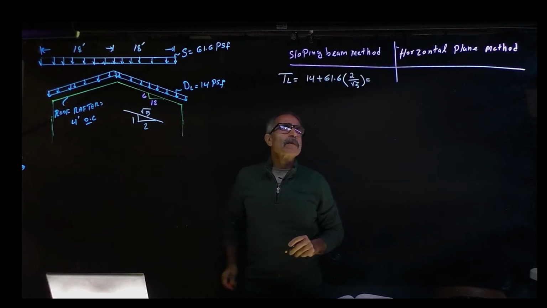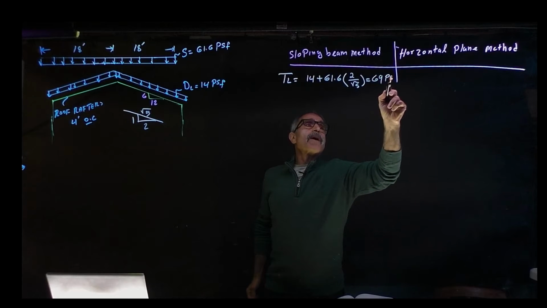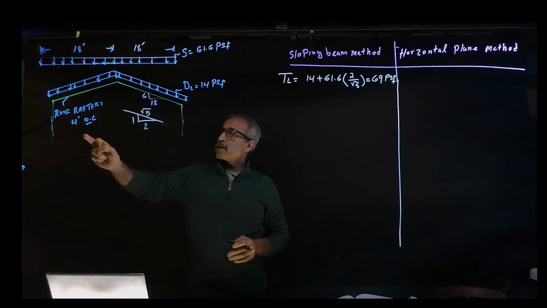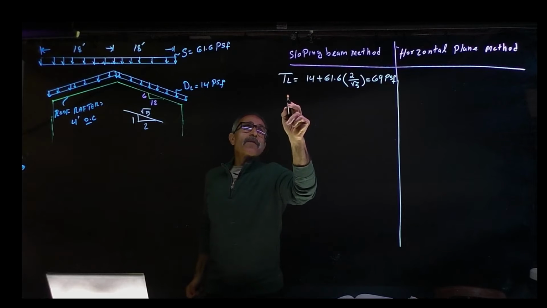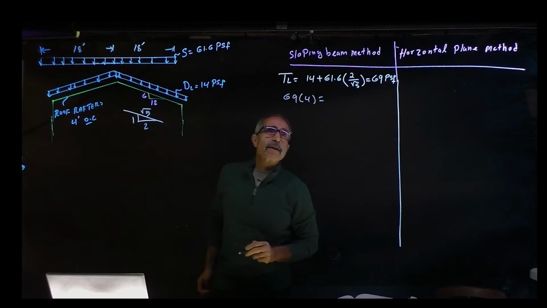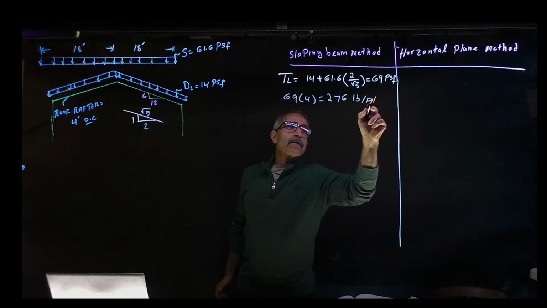And that is equal to 69 pounds per square foot. Since it's about 4 feet on center, your tributary width is 4 feet, and therefore your load is going to come out to 69 times 4, and that is equal to 276 pounds per foot.